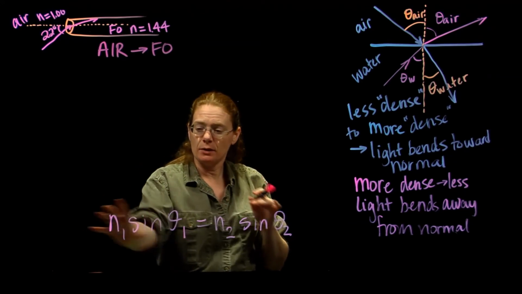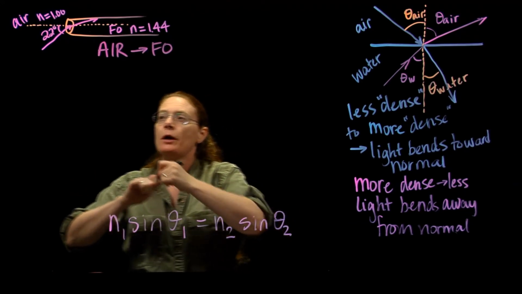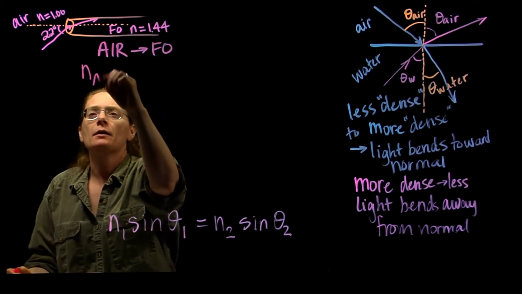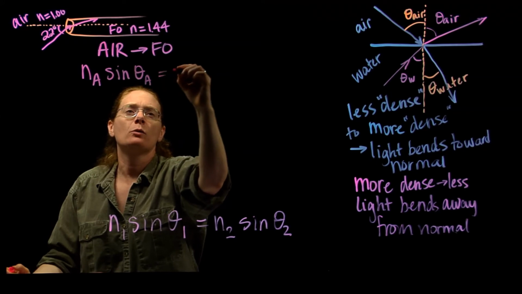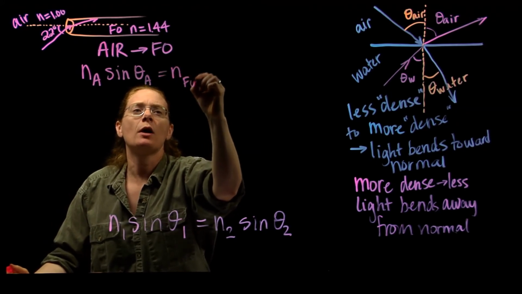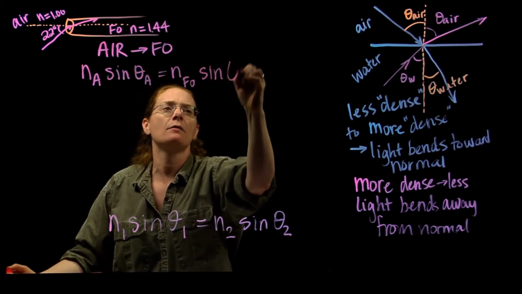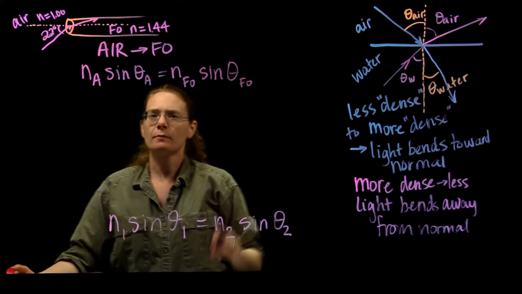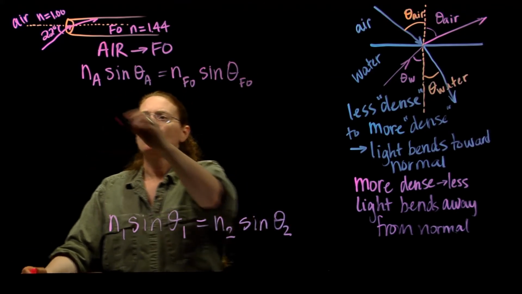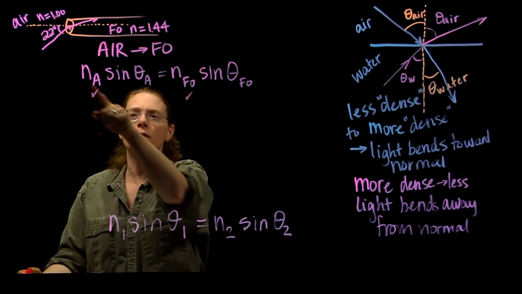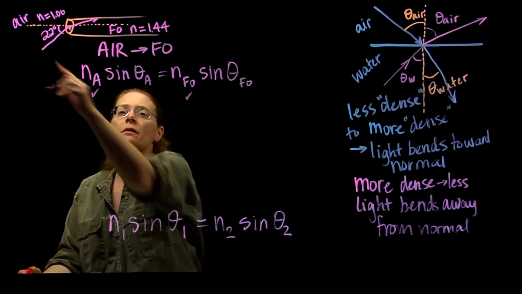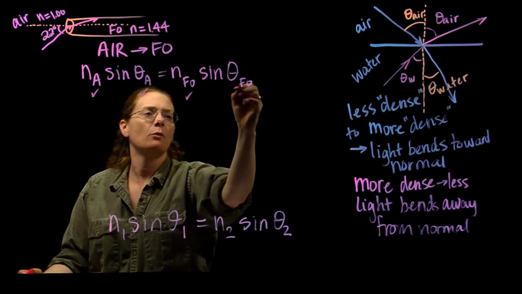That means that this equation, if I rewrite my Snell's Law equation, is going to be index of refraction of air times the sine of the angle in air equals index of refraction of the fiber optic times the sine of the angle in the fiber optic. Okay, now what do I know? I know both indices of refraction, and I'm given that the angle in air is 22, and I want to know this.